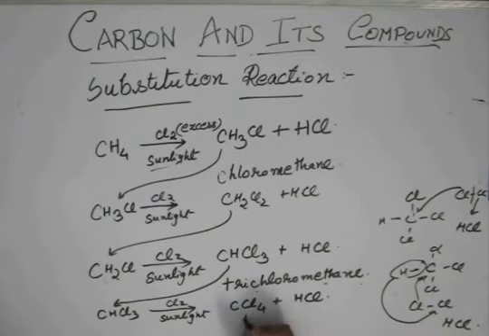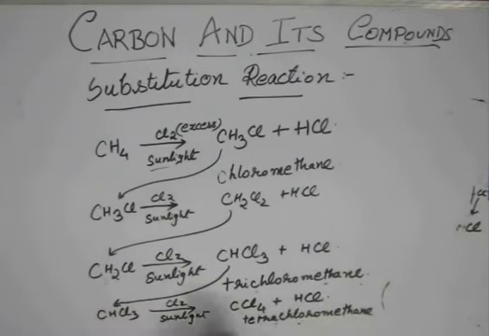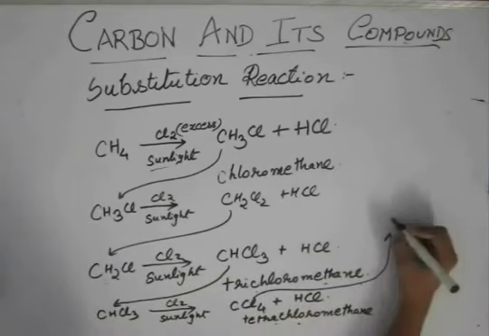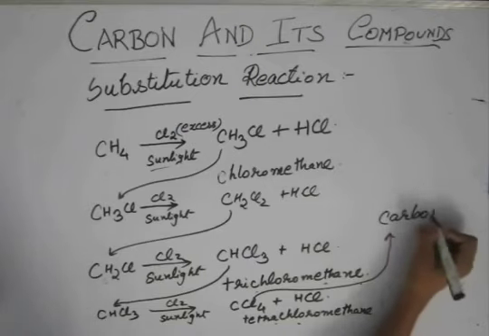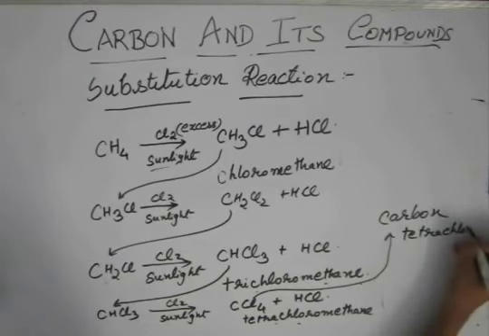This CCl4 should be called tetrachloromethane. For four functional groups, we have tetra. We have di, tri, and then tetra. And this is commonly called carbon tetrachloride.